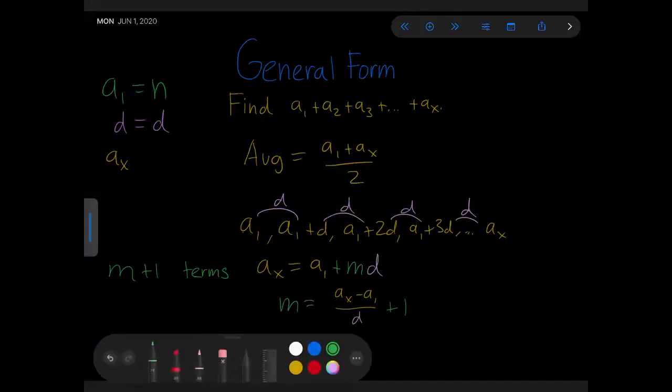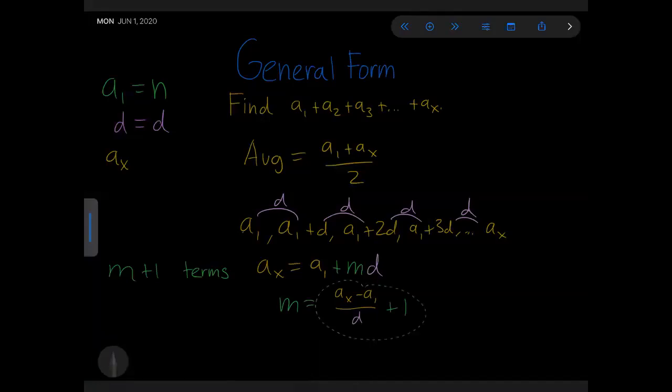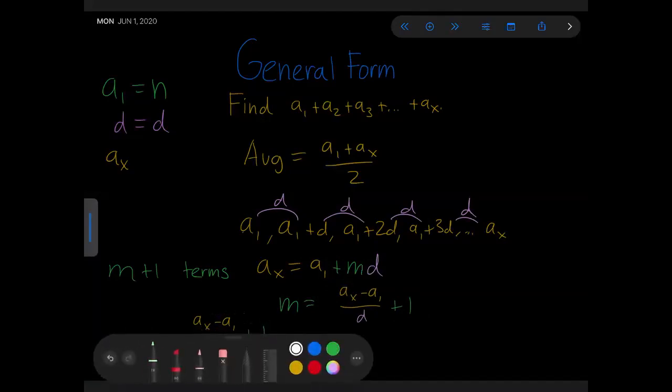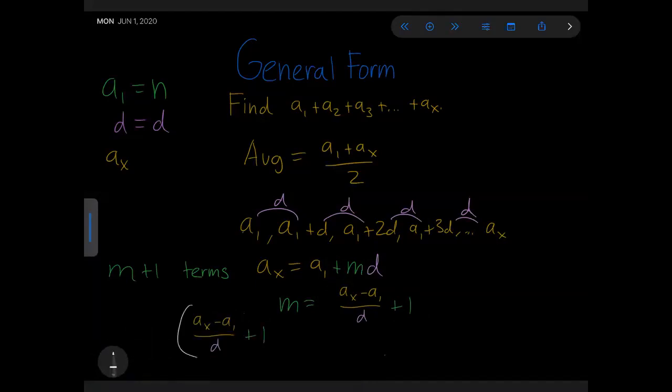Then you just take this and multiply it by your average. And that's your sum.